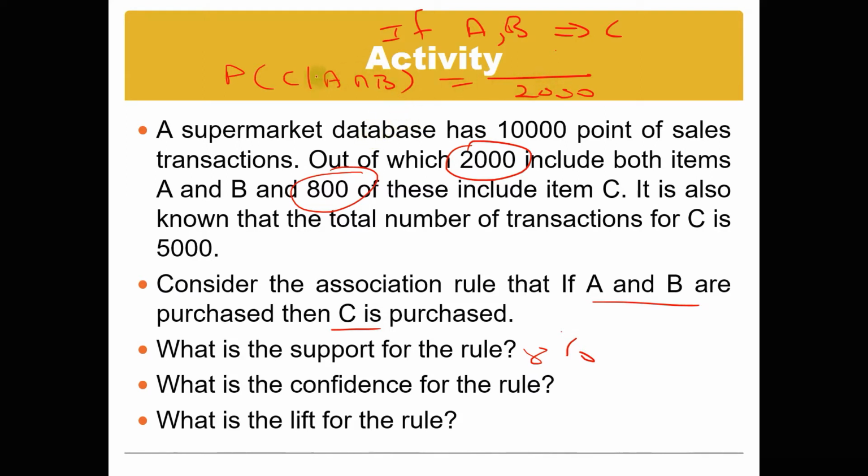What's the numerator? It is how many transactions you have, all of them together: C and A and B. The probability of C intersection A intersection B over the probability of A intersection B. Instead of talking in terms of probability, the number of times that A and B occur is 2,000, and the number of times that C and A and B occur is 800.